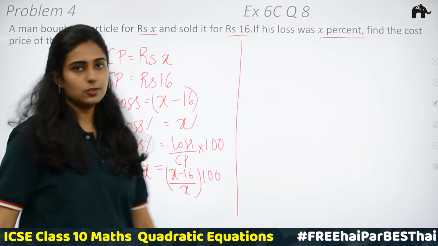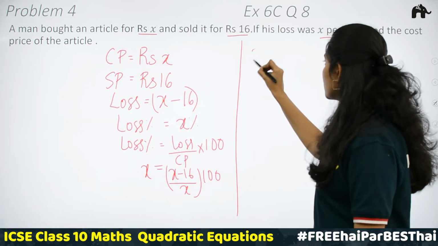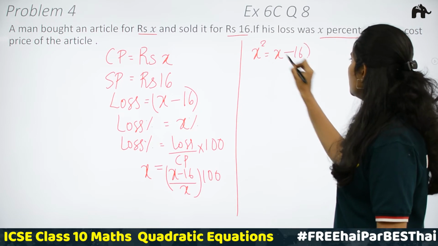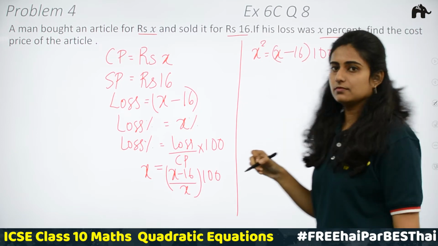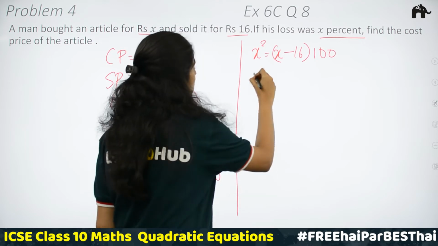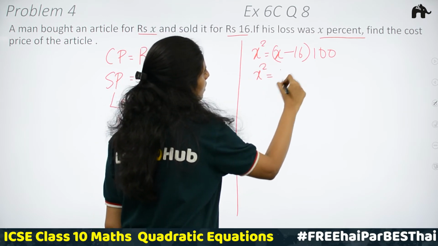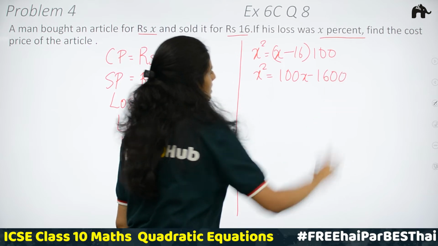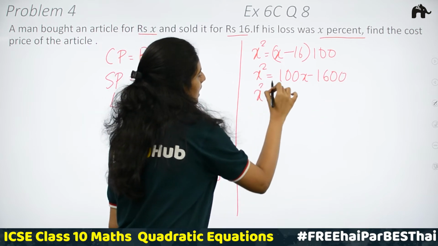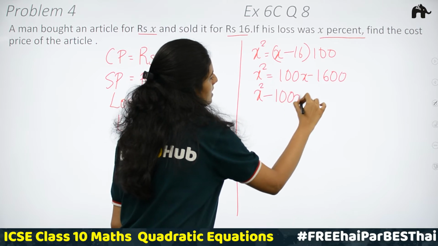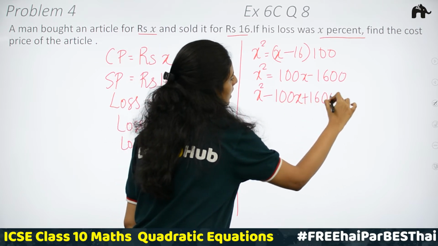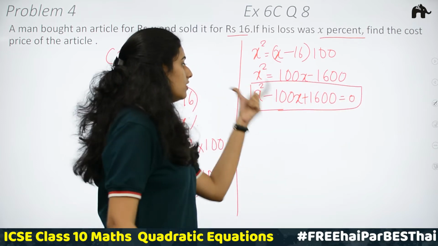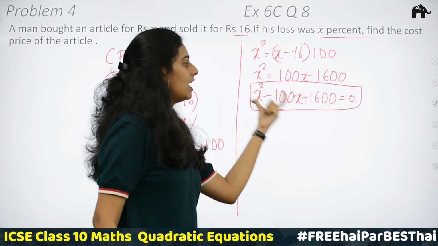That is, X square is equal to X minus 16 into 100, or X square is equal to 100x minus 1600. Rearranging, x square minus 100x plus 1600 is equal to 0. This is the required quadratic equation. Solving this quadratic equation, we can find the value of x.